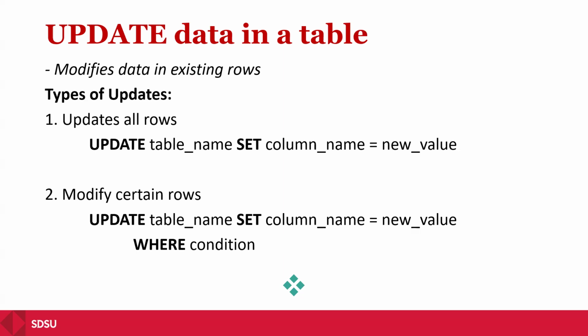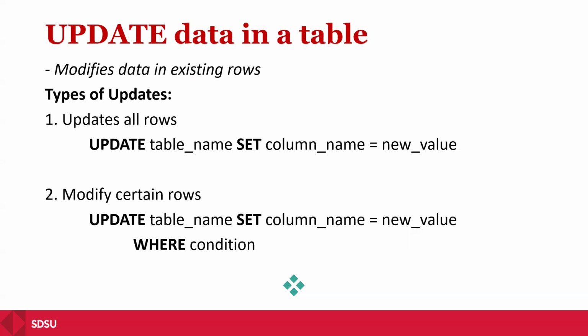You can also modify certain rows. So, back to this example, say you want to give a discount of 15% to your special customers who are signed up for your newsletter. In this case, you need to modify only some rows in a table, not all of them. The way you do it, you specify a condition in the where clause.